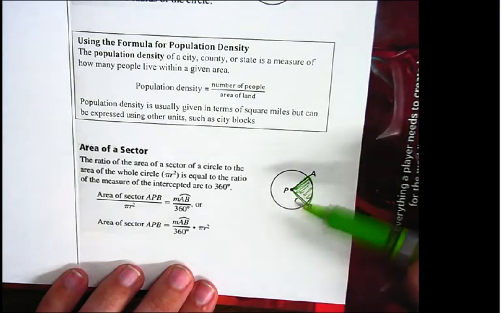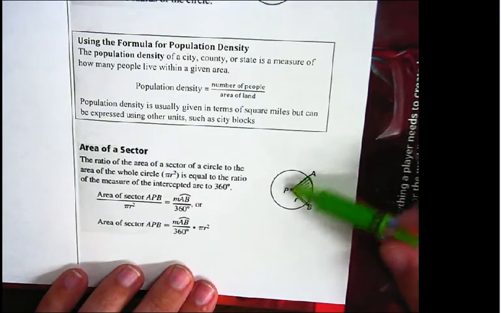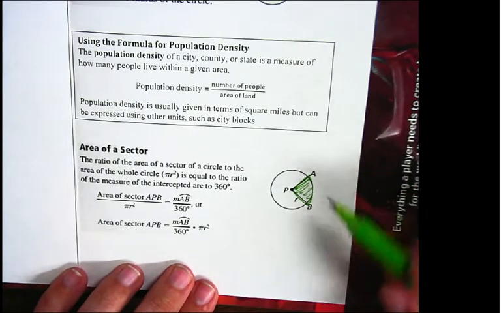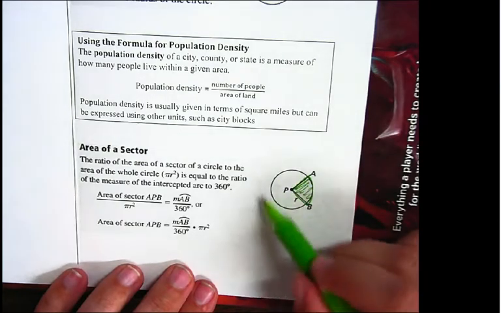So what we have is a proportion. We have the area of the sector over the area of the whole thing, so part over whole, equals the measure of the arc, or the measure of the central angle, because those are the same, right? So the measure of the arc over the degrees of the entire circle, which is 360. Okay, and you can do this for the minor arc. You can do the same thing for the major arc.